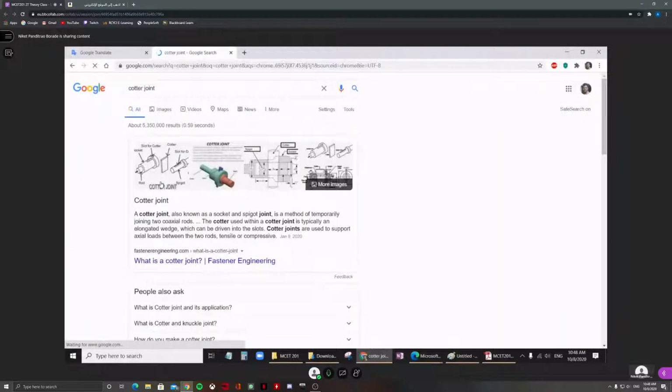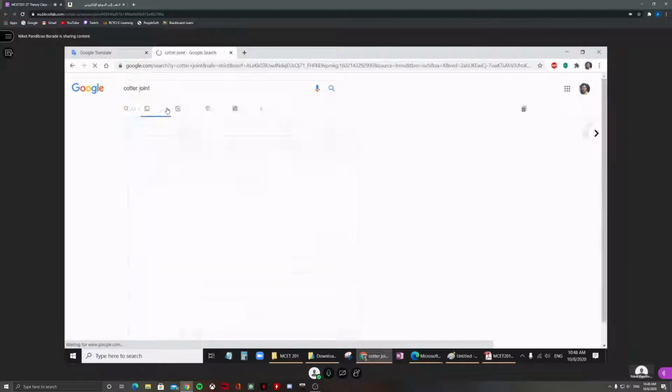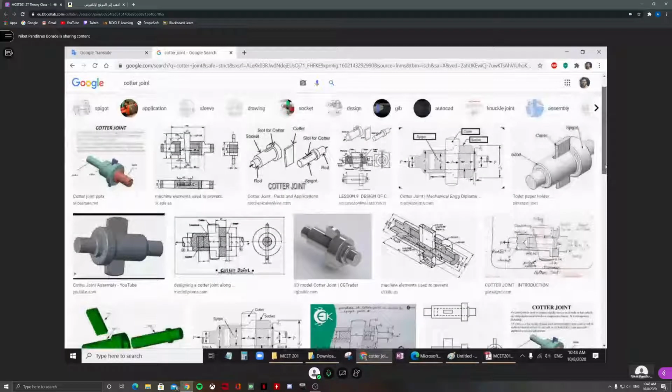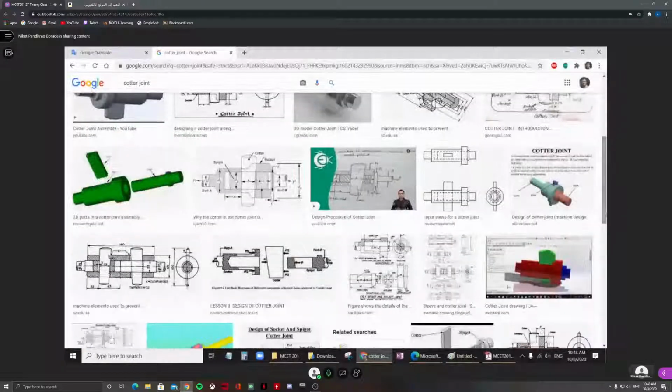And it is a very commonly used part. This is a single quarter joint, maybe the double quarter joint is this one.